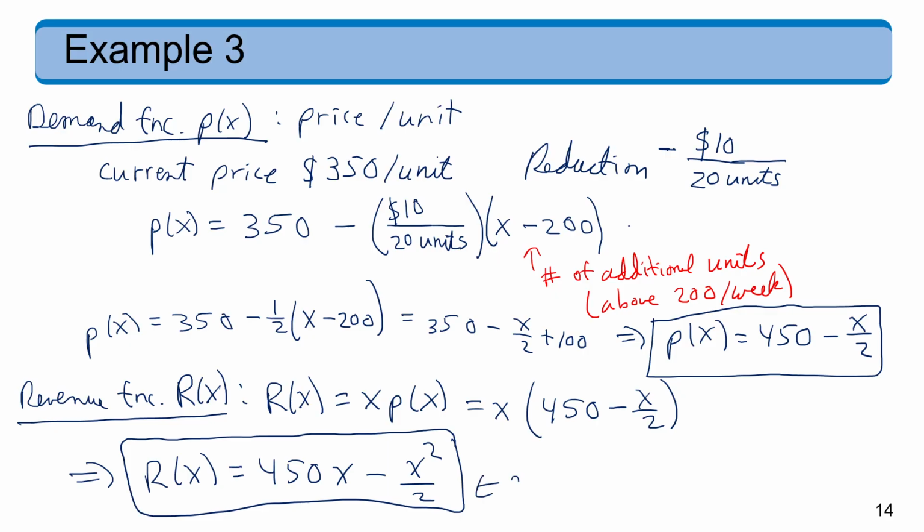So that part is good. We don't have to do anything else. So now we have the function we want to optimize. So we'll use our optimization techniques on this revenue function, and we'll do that on the next slide.